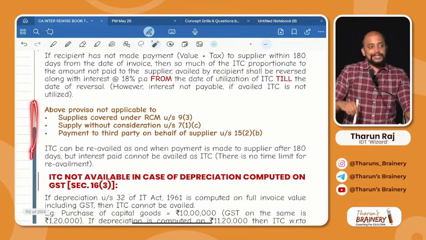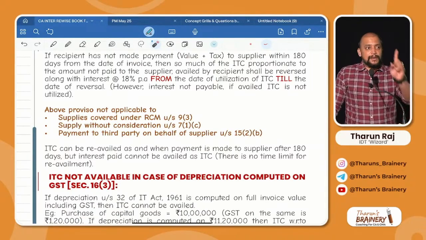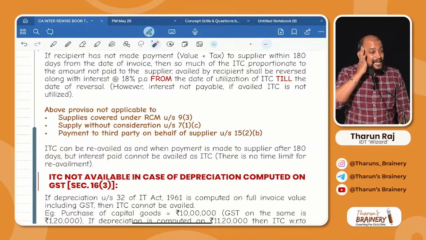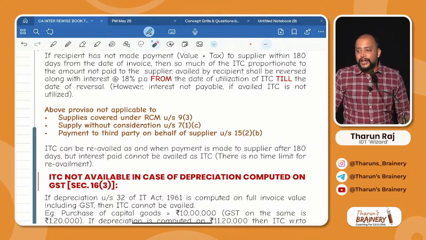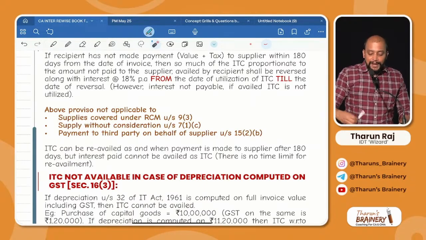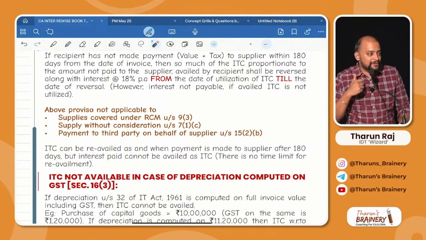In 3 cases, this provision will not be applicable. What are those 3 cases? Number 1, supply is covered under RCM. Means who is having the liability? Recipient is having the liability. 180 days condition not applicable. Number 2, supply under 7(1)(c). Means supply without consideration. Consideration itself is not there. Where from will recipient pay to supplier within 180 days.